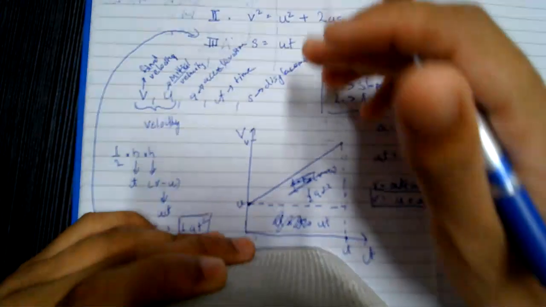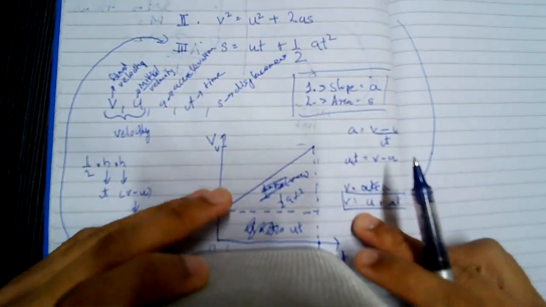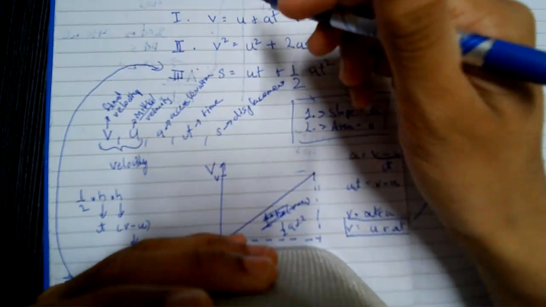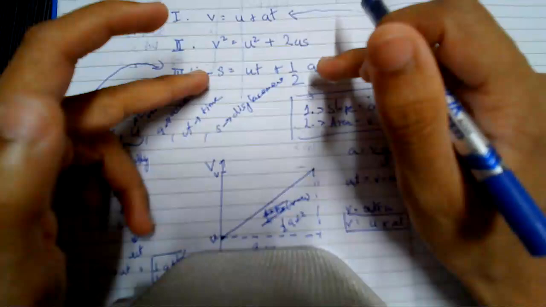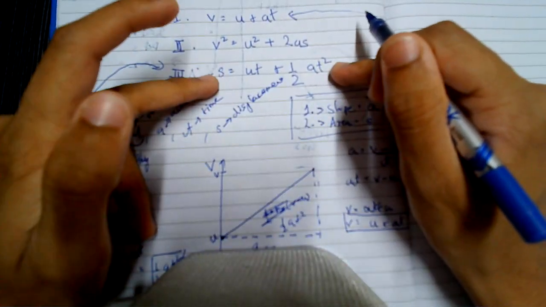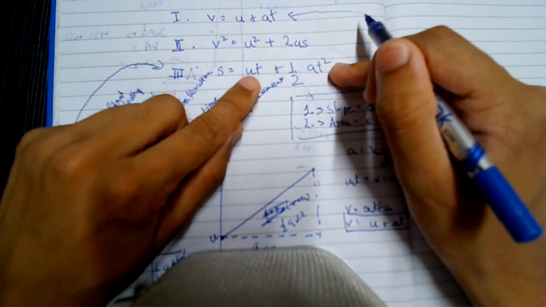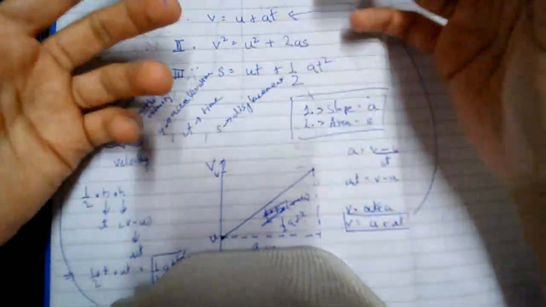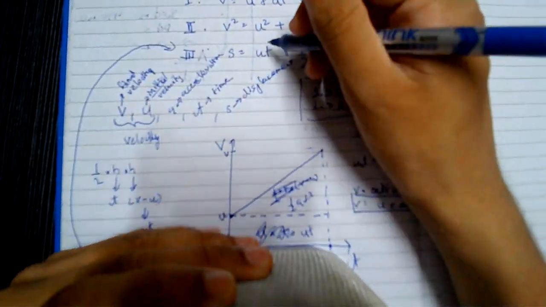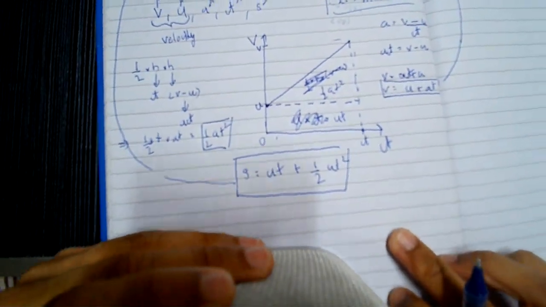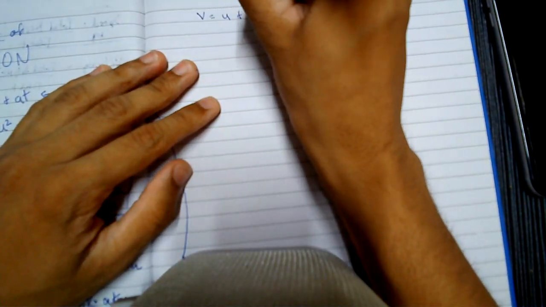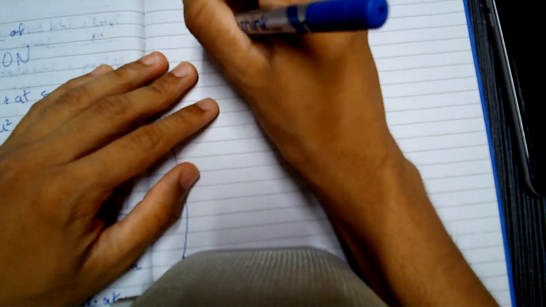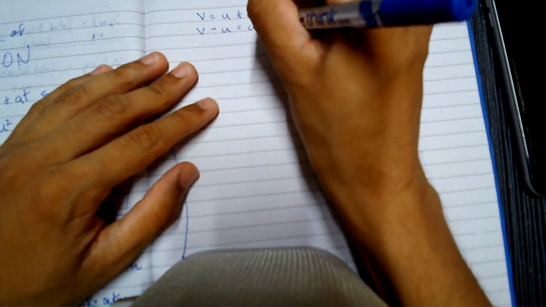That's what we're going to do. We're going to take this equation, s is equal to ut plus half at squared, and replace all the t's with something else. How do we do that? To replace t with something, we need to know what t is. Earlier, we found out v is equal to u plus at. I can transpose u to the other side to find v minus u is equal to at.